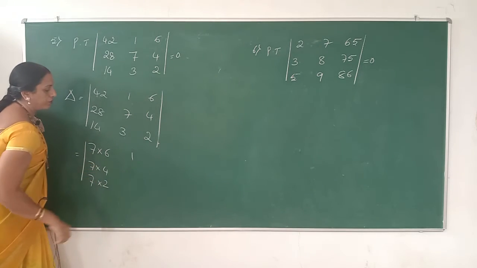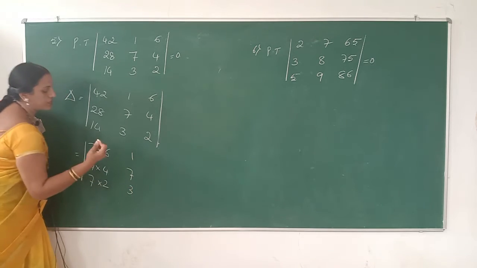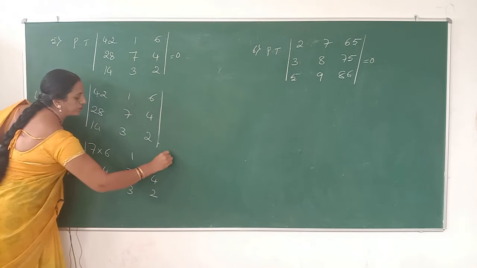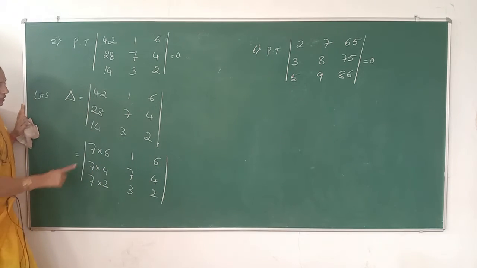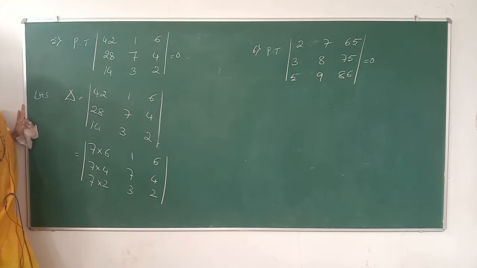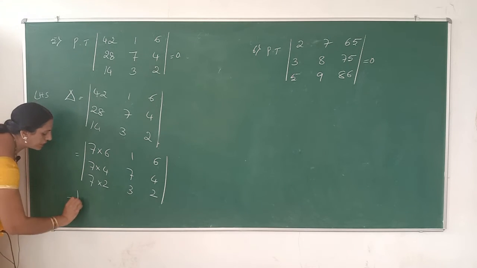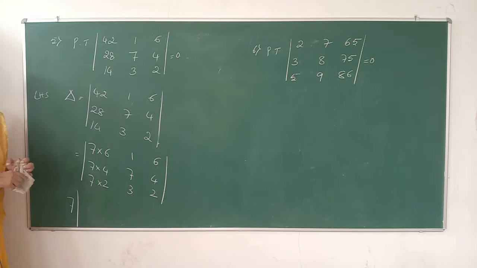In the second column it is 1, 7, 3. The third column is 6, 4, 2. All the elements of the first column are a multiple of 7. Therefore 7 is a common factor by using the fifth property.